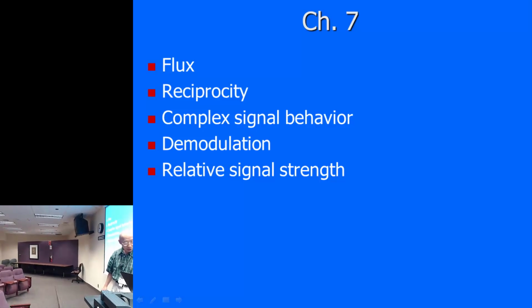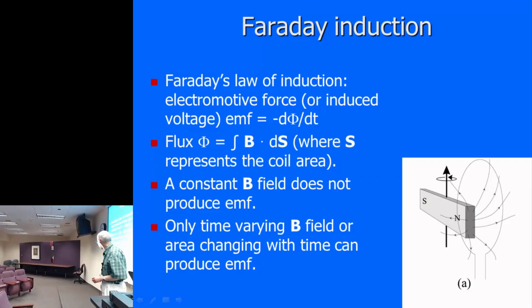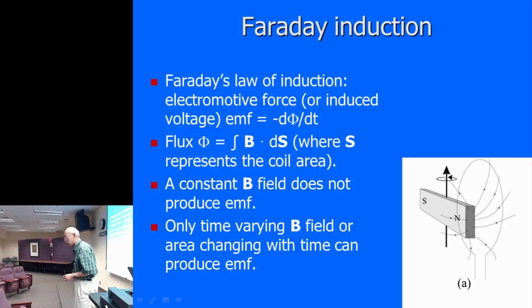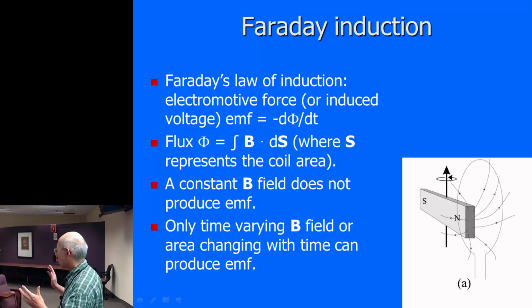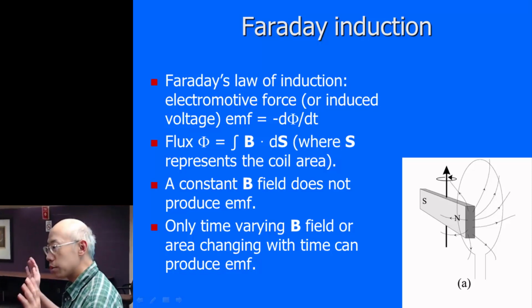So what's going on in this chapter? Even before I start, let me give you an idea. In chapter 3, we were talking about the transmitting coil, how you can manipulate spins.